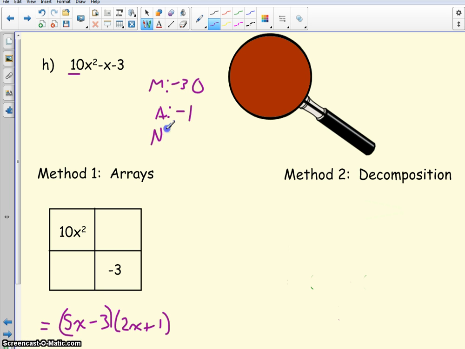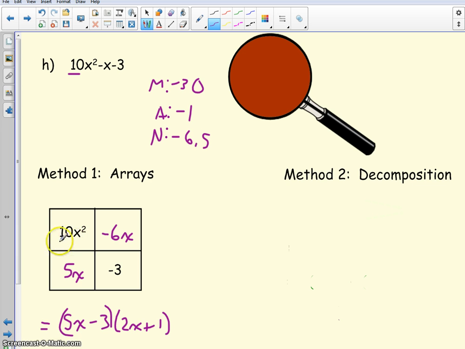Okay, and if you do a quick inspection, you can see those numbers are going to be negative 6 and 5. Okay, and then what you can do with your array is once you have 10x squared and minus 3 in here, you know this minus 6 and 5 are going to make up your x terms. So you're going to get minus 6x and 5x. And then you can use that to reverse engineer what goes on the outside of your array.